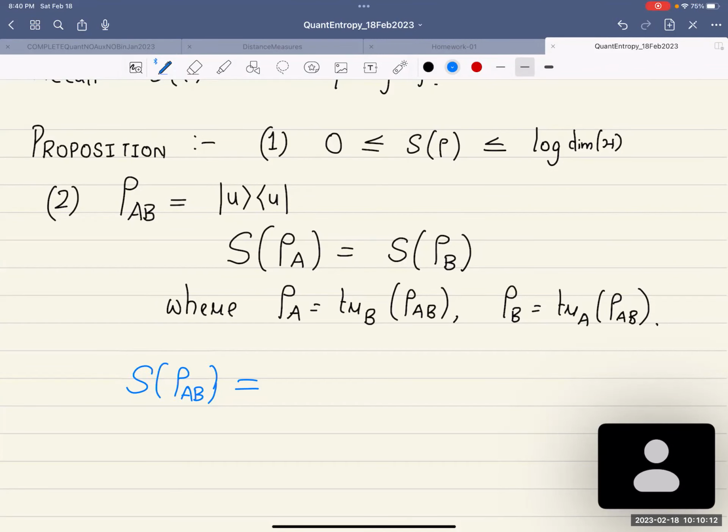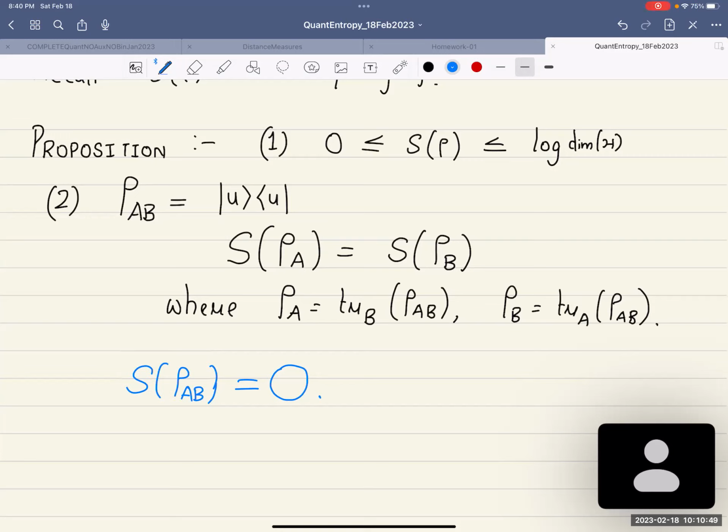That's the Shannon entropy of the eigenvalues, right? What are the eigenvalues of rho AB? 1 and zeros, right? So what is the Shannon entropy of that? Shannon entropy of a singular distribution is 0. So it is 0. Tejas, you're okay with this? Yeah. Okay, because the eigenvalues of rho AB are 1, 0, 0, 0. The Shannon entropy of that vector is 0.